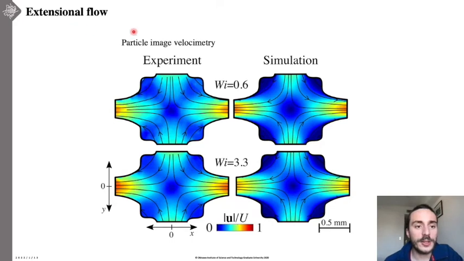So in the extensional flow, we start with the OSCER, and we can see that using particle image velocimetry, where we measure the velocity in the channel, there is a good agreement between experiment and simulation.